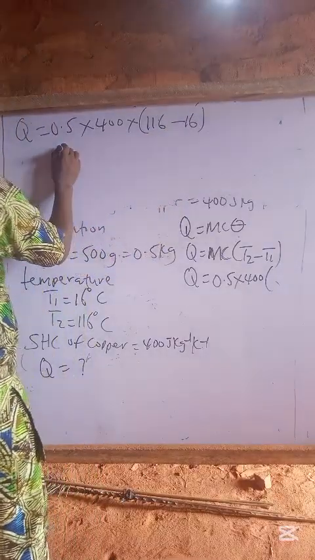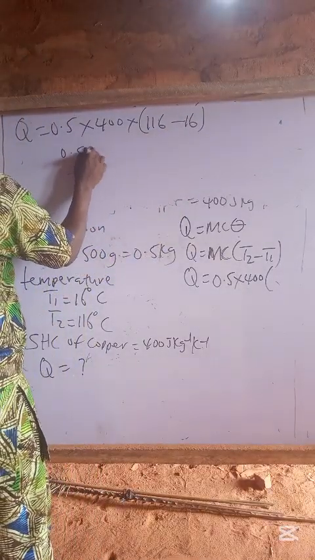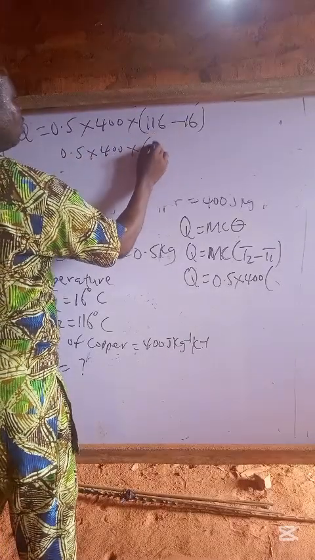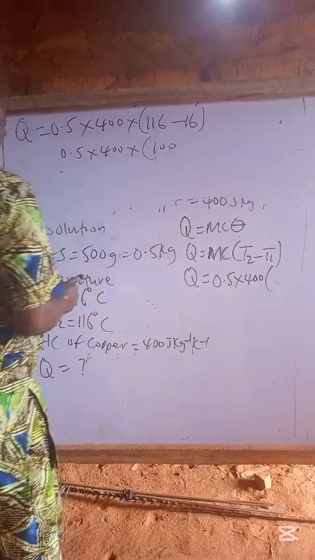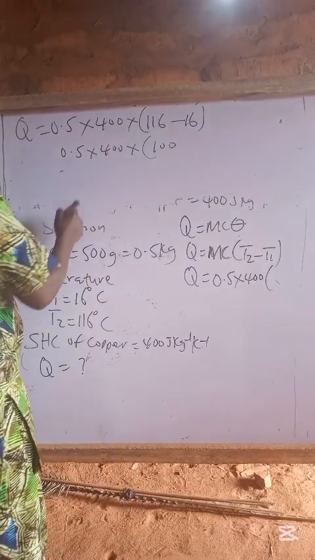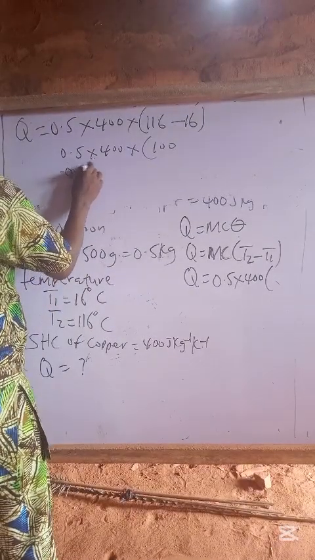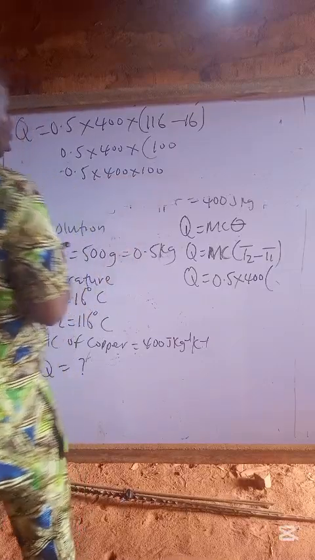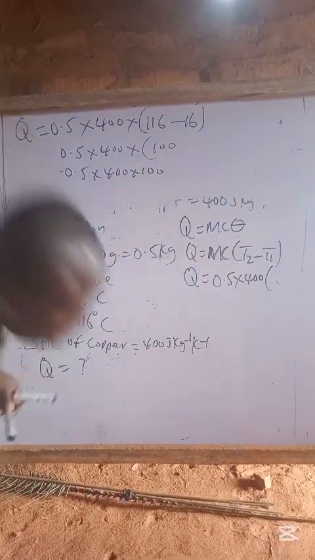Then what you do is you have 0.5 times 400. The difference between this is 100. When you do it very well, you have 0.5 times 400 times 100.